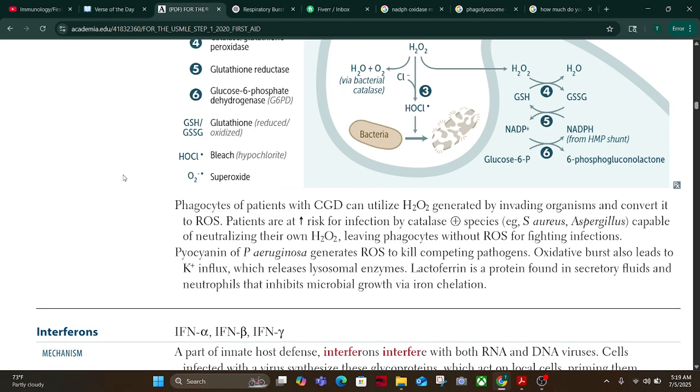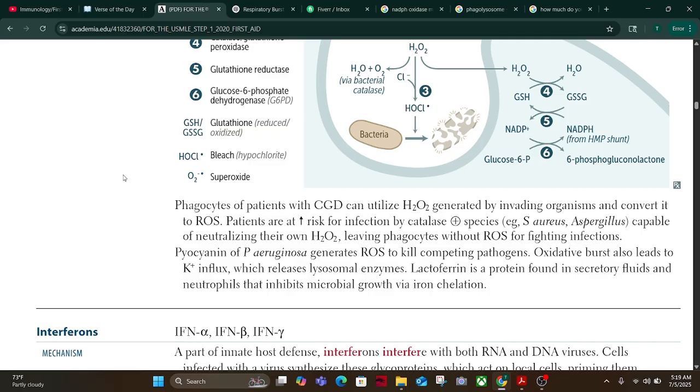Pyocyanin of Pseudomonas aeruginosa generates reactive oxygen species to kill competing pathogens. Oxidative burst also leads to potassium influx, which releases lysosome enzymes. Lactoferrin is a protein found in circulatory fluids and neutrophils that inhibits microbial growth by iron chelation.